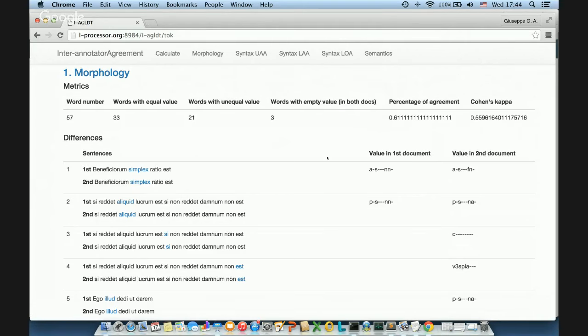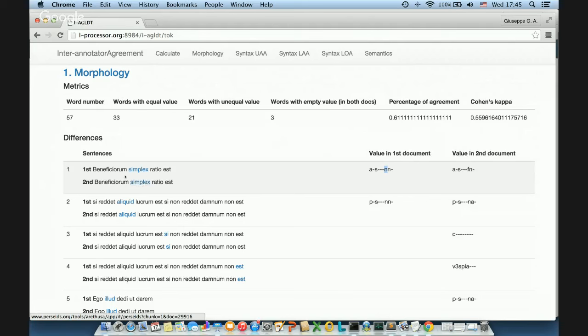But here, what's interesting is that you get a comparison. For example, I can immediately see that this adjective has been annotated in different ways. The first annotator annotated it as a neuter, nominative neuter. The distinction here concerns only this letter, which means, and we have documentation for this, that the first annotator took this as a neuter, but the second one took this adjective as a feminine adjective, and of course this is the right annotation.